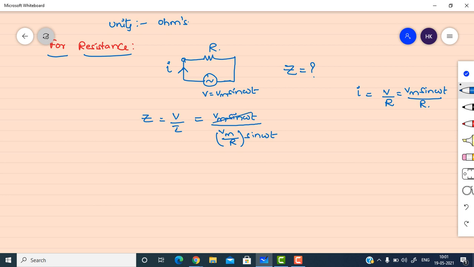So Vm sin omega t gets cancelled. Then what remains? R. So the impedance for the pure resistive circuit is R. That means whenever there is a resistance, the impedance for that is R only. Both Z and R are equal.